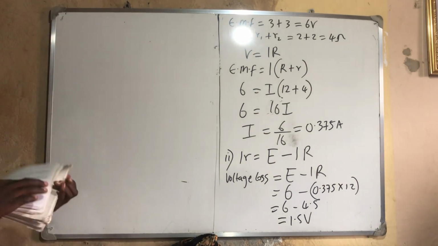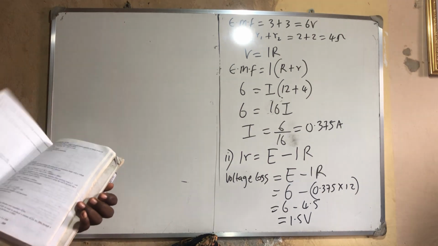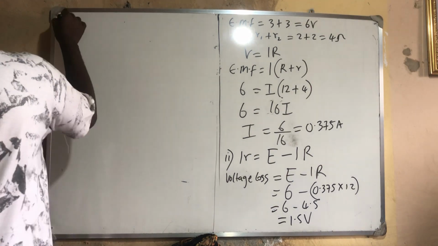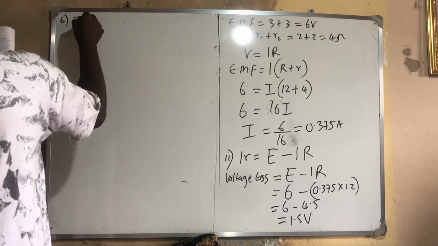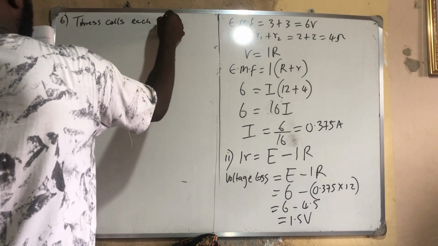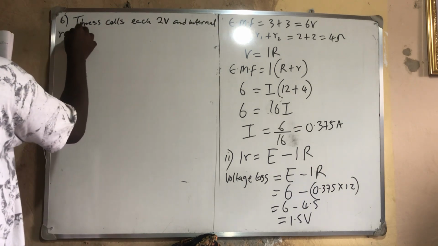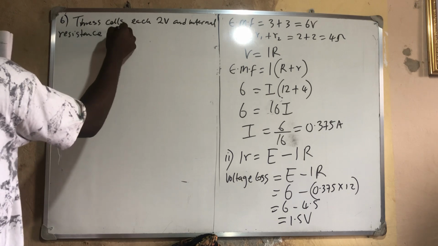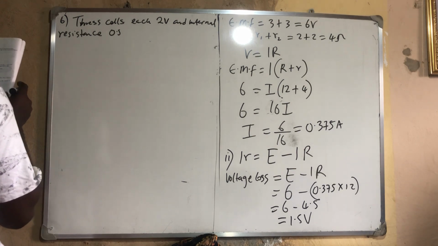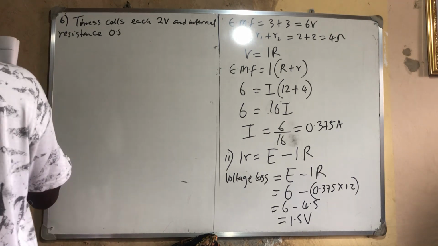The next question, number 6. They say three cells, each 2.5 volts, with an internal resistance of 1.5 ohms.